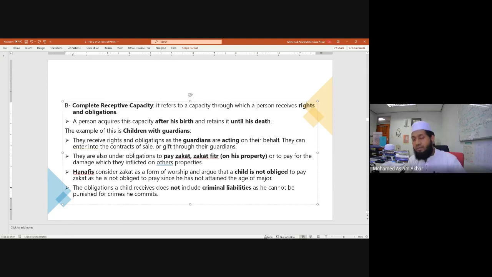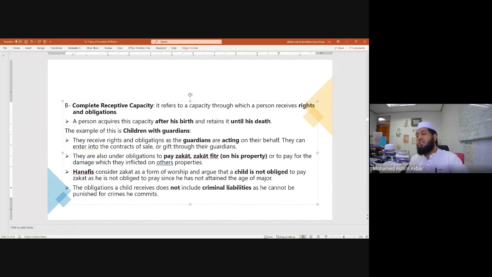It could be 15, 16, 17, or 14. From this age, everyone has to do the obligations. So according to the Hanafi, the child is not obliged to pay zakat. Similarly, the child is not obliged to pray or to fast.